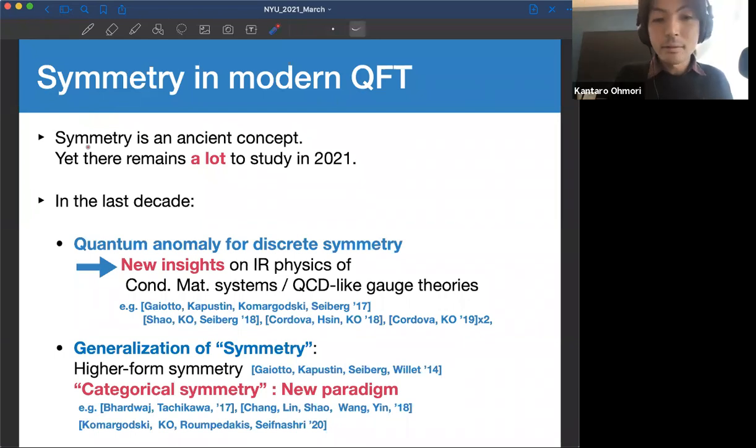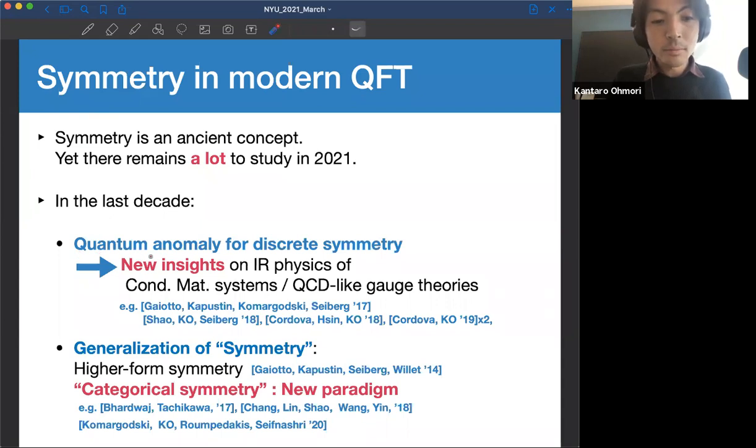Symmetry itself is a literally ancient concept, but there are many things to do in this area. And in the last decade, I think there were two important developments in the topic of symmetry in QFT.